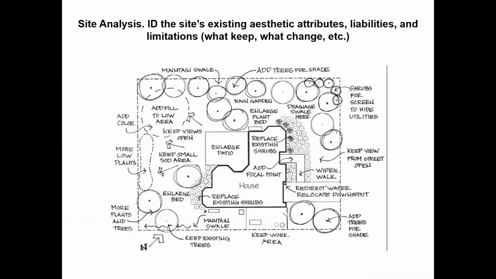So the next thing, again, this is an example of a more complex effort by an individual where the person identified what of their site, what of their landscape they really liked, what things they didn't like, what things they saw as real problems and challenges and liabilities, and what they want to change.